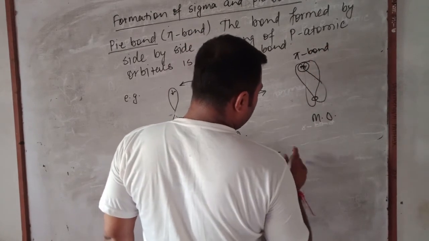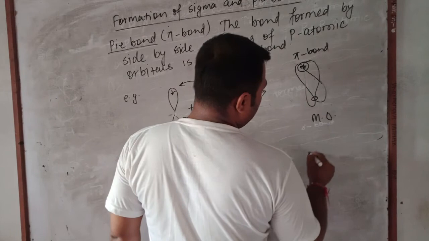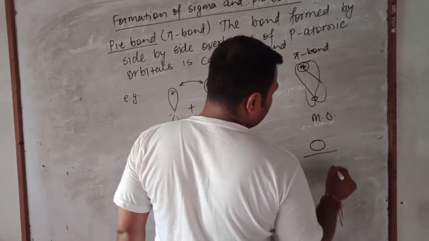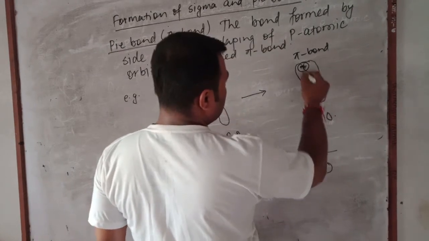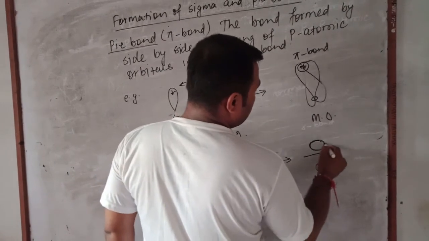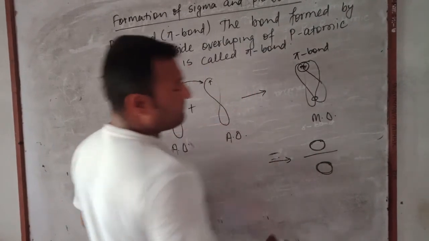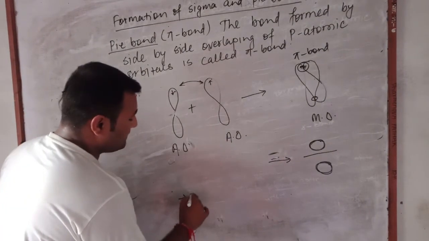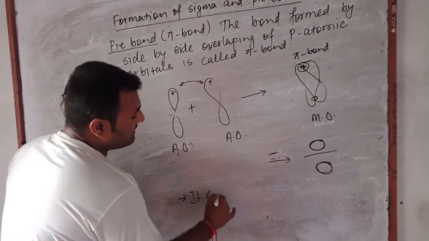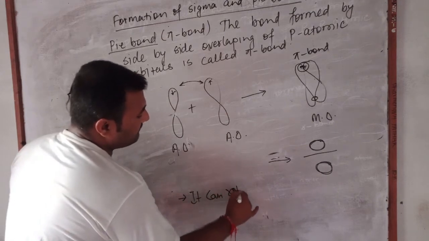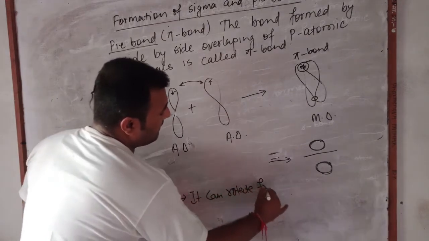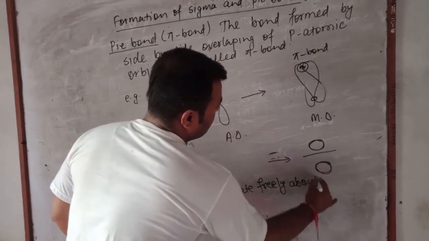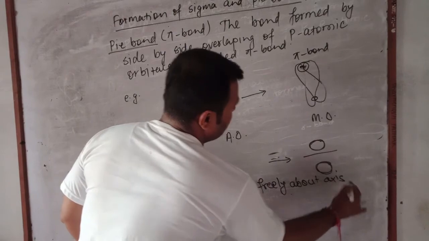A pi bond forms a cloud of electrons on both sides of the axis. See here, above and below, both sides of the axis. And that means it can rotate freely about the axis.